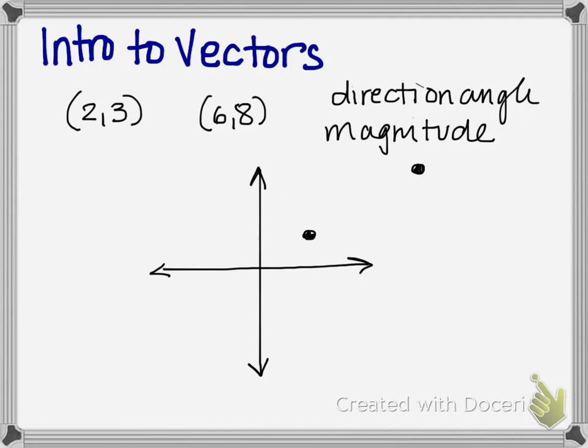Now it's not enough that I have those 2 points, because remember it's a direction. We need to have a direction with a vector. So I would have to indicate that the vector is not only these 2 points, but that it is from one point to another. So I'm going to put the word "to" between those, and that'll make us a nice vector there. So I'm going to go from (2, 3) to (6, 8), and I'm going to indicate that with an arrow.